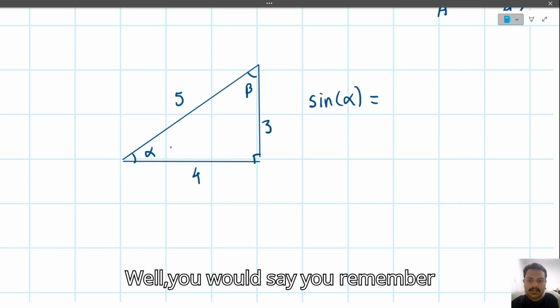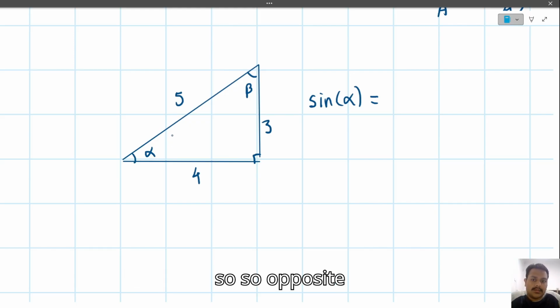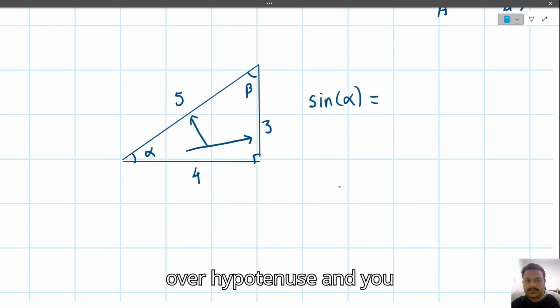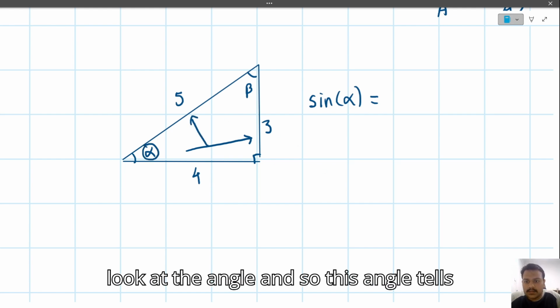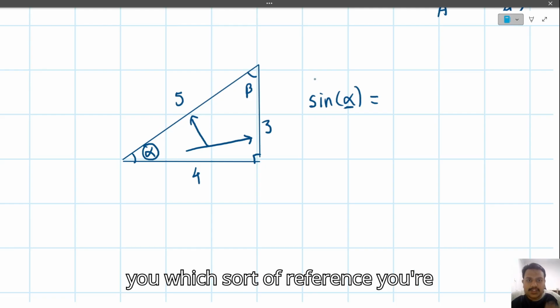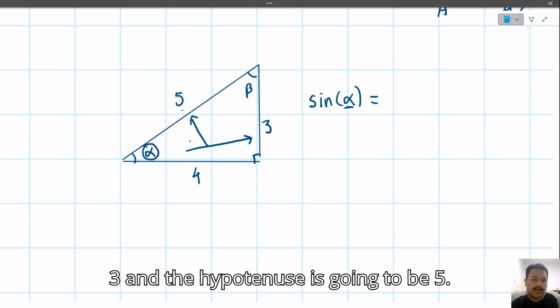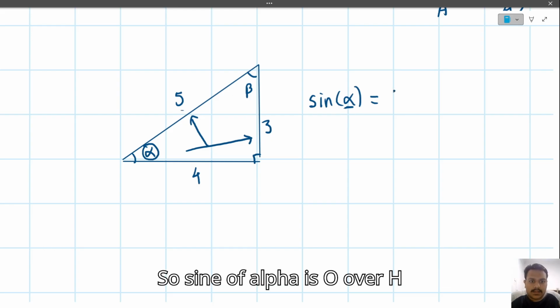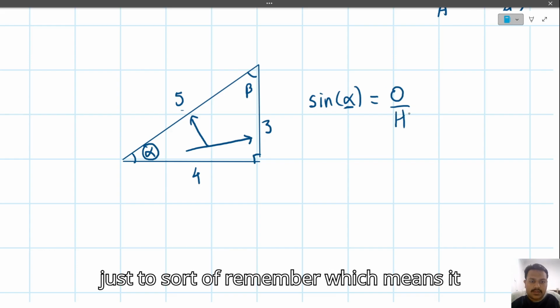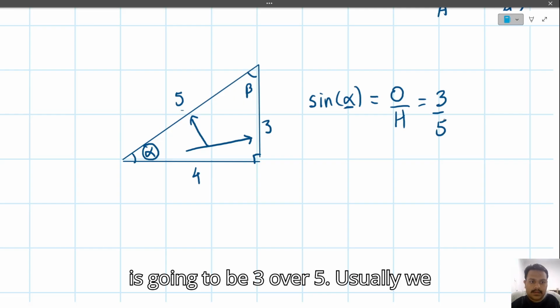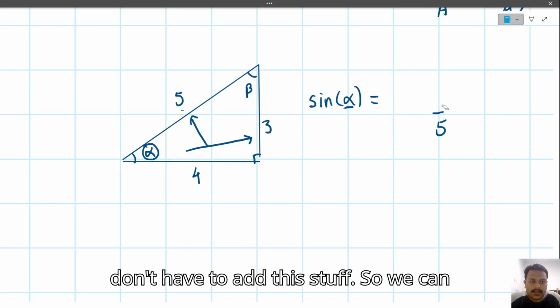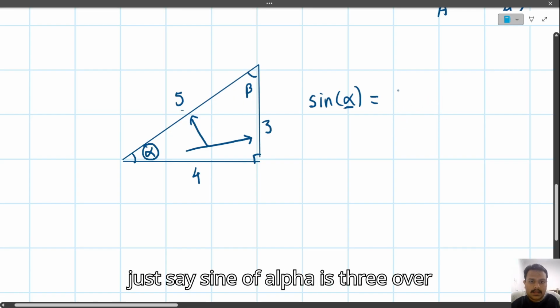You would remember SOH, opposite over hypotenuse. You look at the angle, and this angle tells you which reference you're looking at. The opposite to alpha is 3, and the hypotenuse is 5. So sine of alpha is O over H, which means it is 3 over 5. Usually we don't have to write this out, so we can just say sine of alpha is 3 over 5.